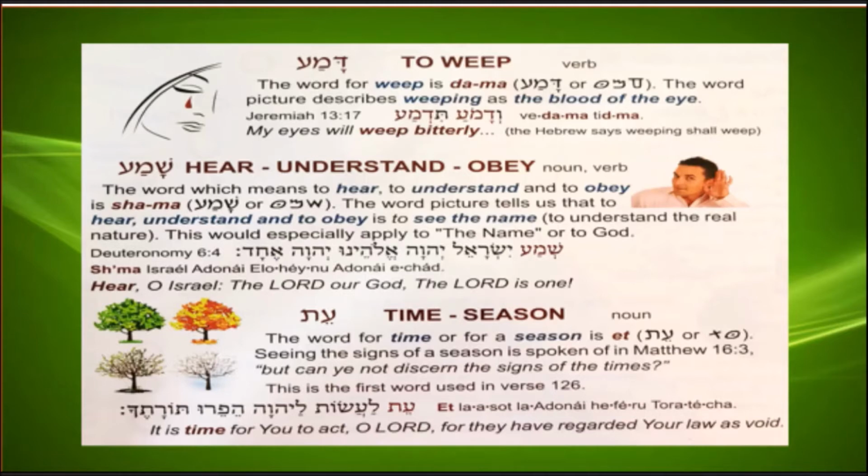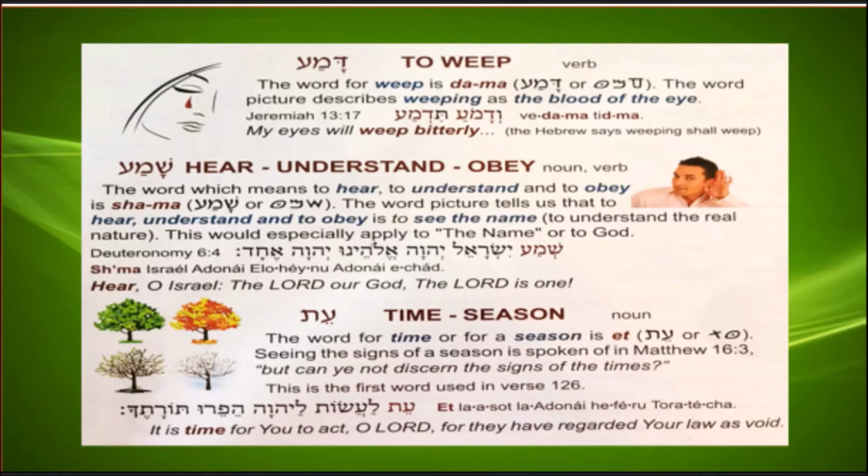Okay, also to hear, or to understand, or to obey. The word which means hear, to understand, or obey is shema. The word picture tells us to hear, understand, and to obey is to see the name, to understand the real nature.